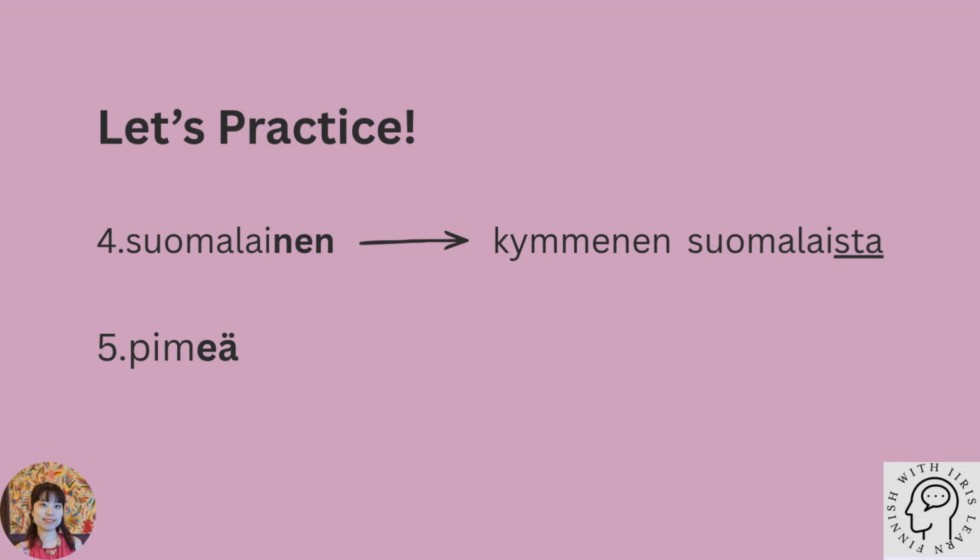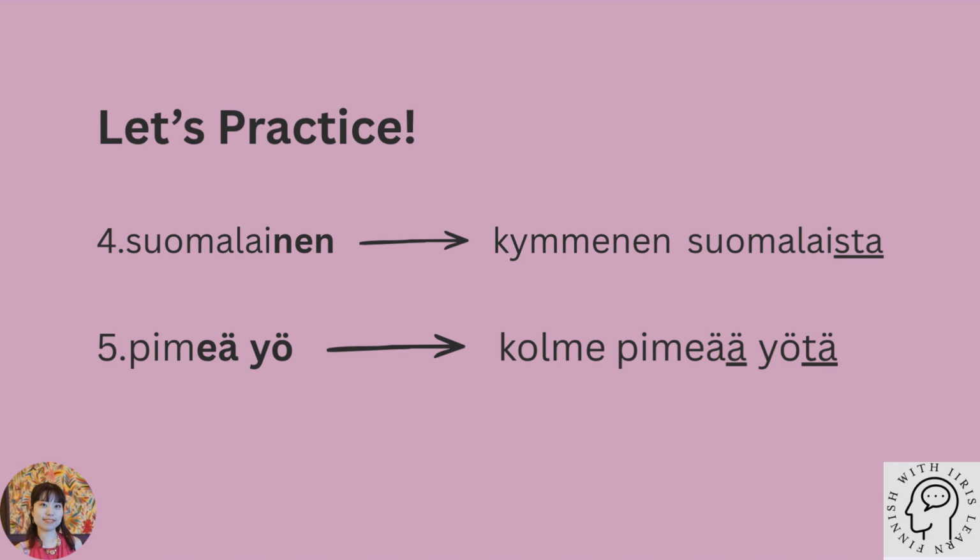Instead, we simply add ä, giving us pimeää. The noun yö ends with 2 vowels, so we add TÄ, giving us yötä. Therefore, 3 dark nights is 3 pimeää yötä.